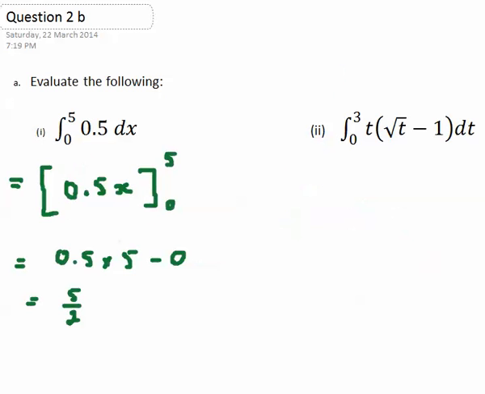Let's quickly look at some definite integrals. These are not necessarily area problems, they might be, but in this case we don't say that it is, so we don't treat it as one.